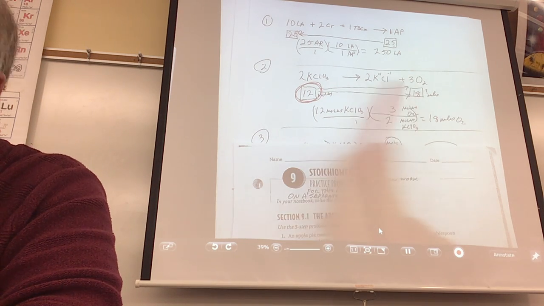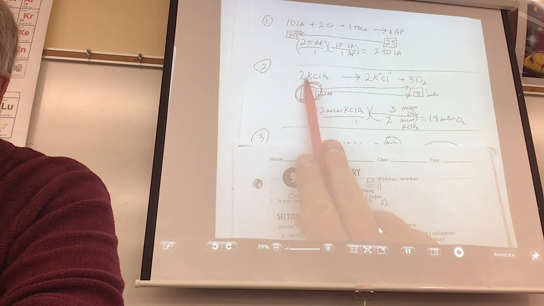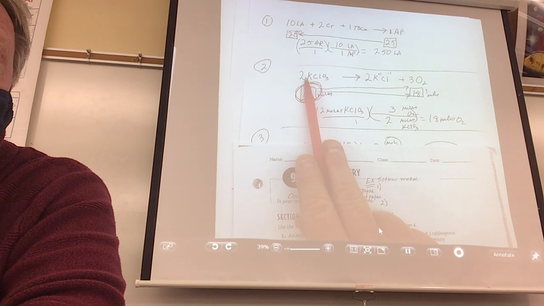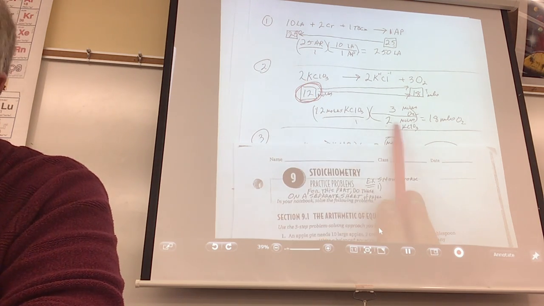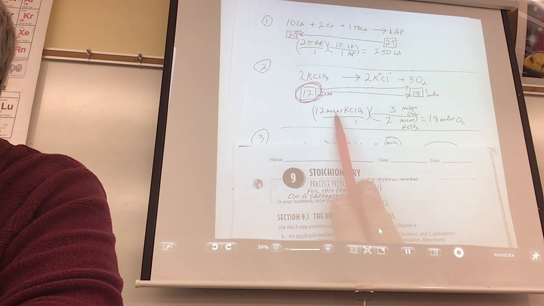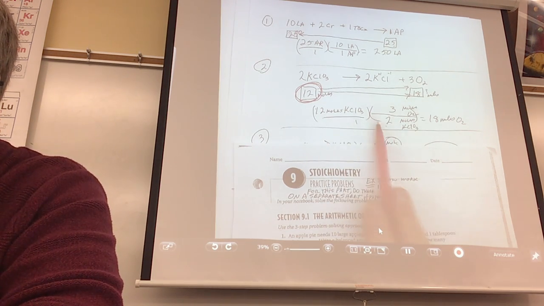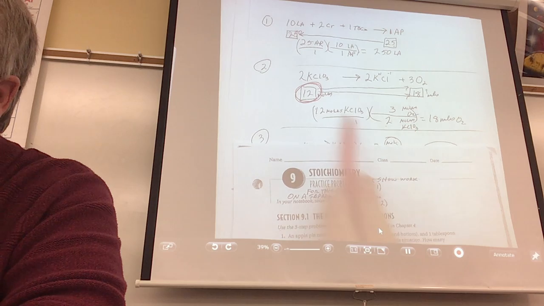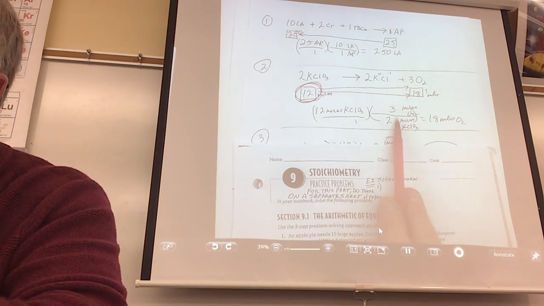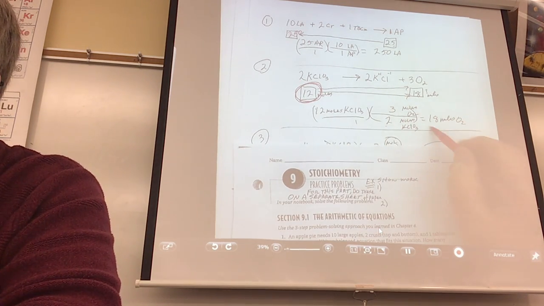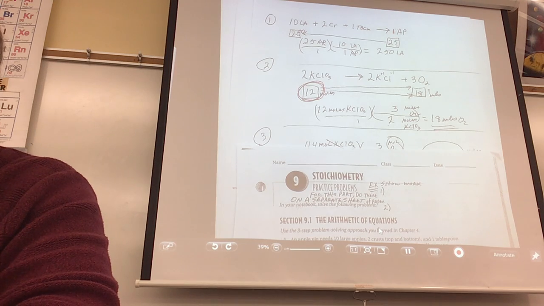Isn't that number bigger than this? Isn't it like 1.5, 3 halves times bigger? 3 halves, I get it. Coefficients make a ratio. See what I'm doing? And if I want to go from here to here, for every 2 moles of that, you'll get 3 moles of that, and that's how I get my final answer of 18 moles.